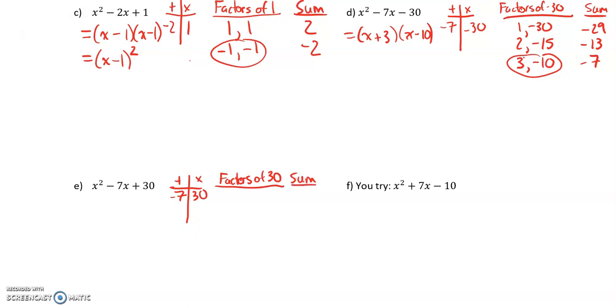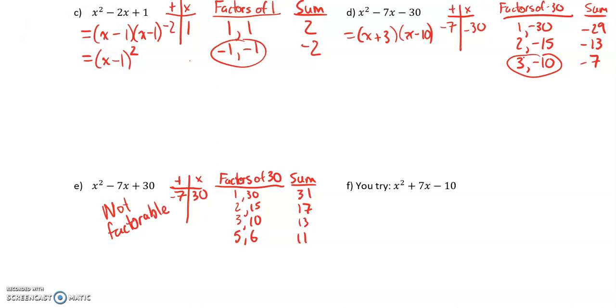And let's start listing some factors here. 1, 30, 2, 15, 3, 10, 5, and 6. Those are all factors of 30. If you add any of those up, there's no possible way that they can become a negative number. So none of these are actual factors, and so this is not factorable. You can't make this any simpler than what we have.